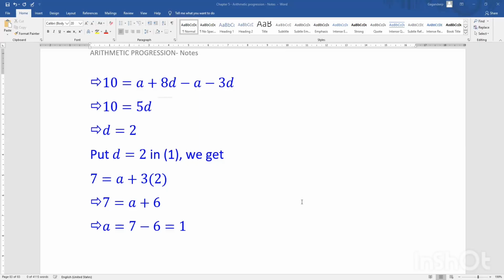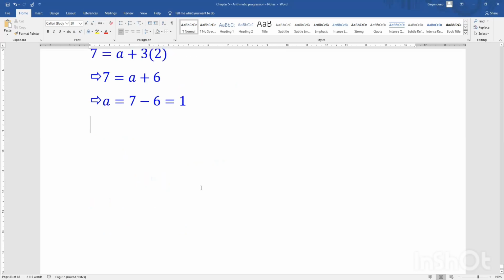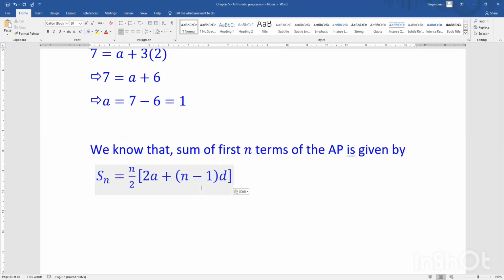Next, we have to find out the sum of n terms. For this, I'm going to write the Sn formula. So we know that Sn is equal to n by 2 into 2a plus n minus 1 into d. Next step, what we do is we write the same thing, except see we do some substitution here.